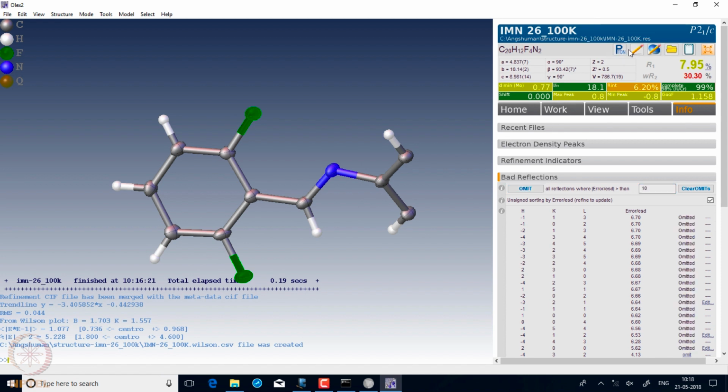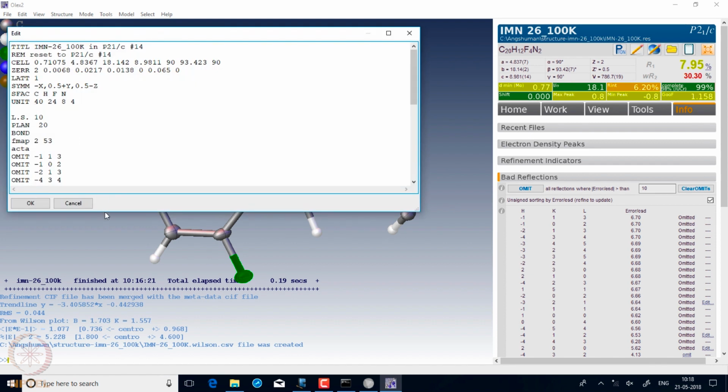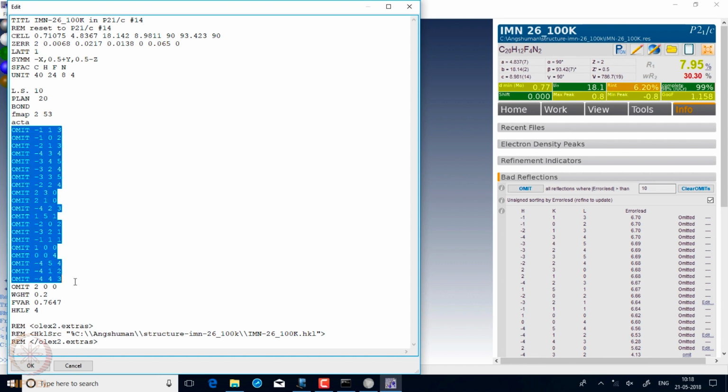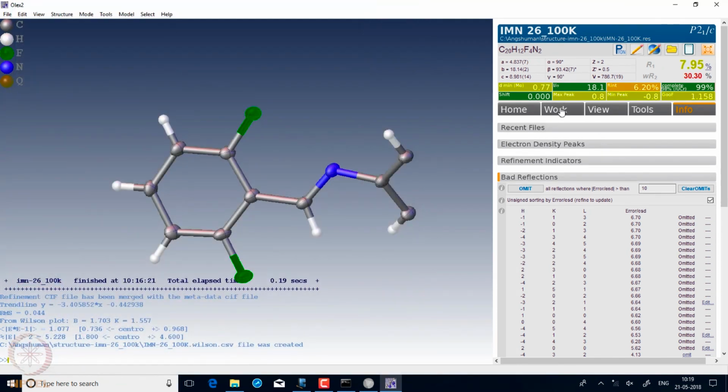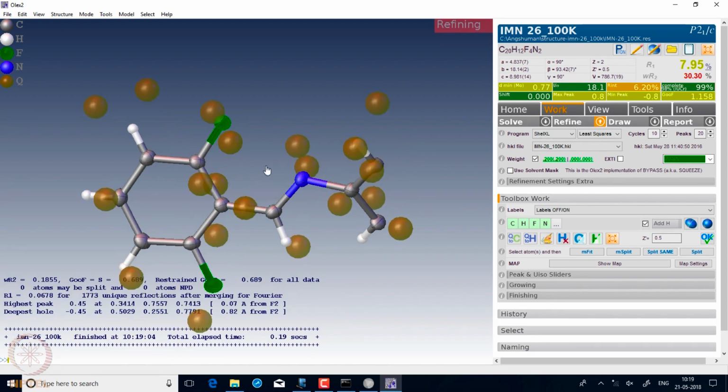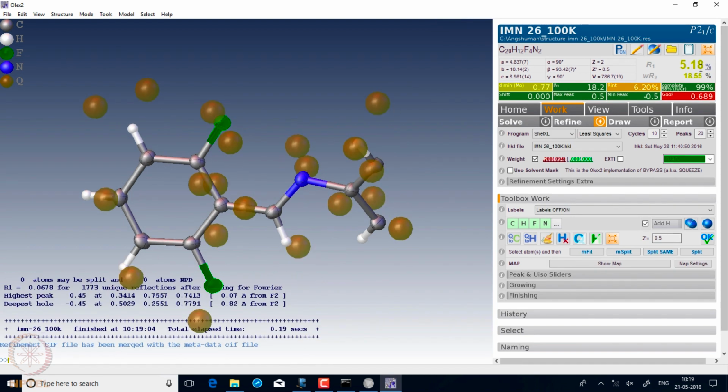What it does is that in the INS file, it includes a set of reflections which are then omitted for further cycles of refinement. So we go back to the work and refine it, which may reduce the R factor drastically.